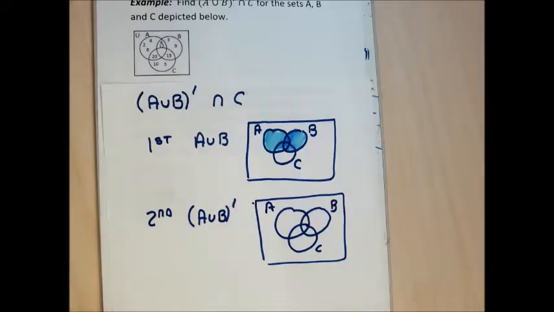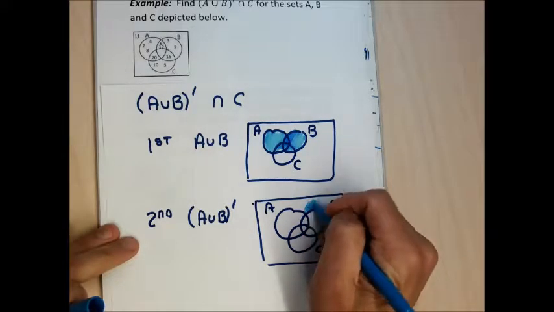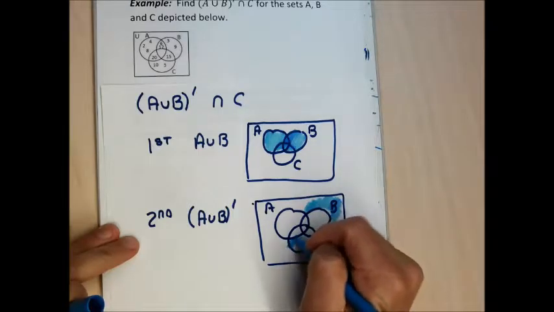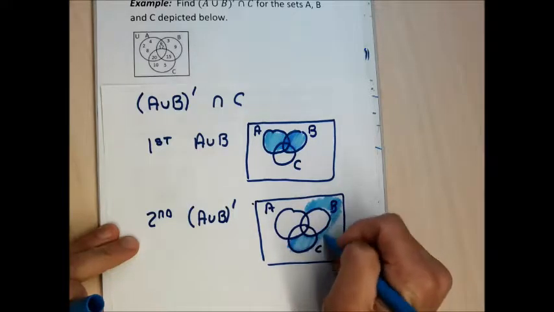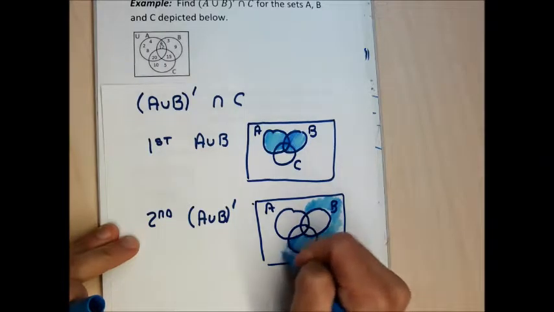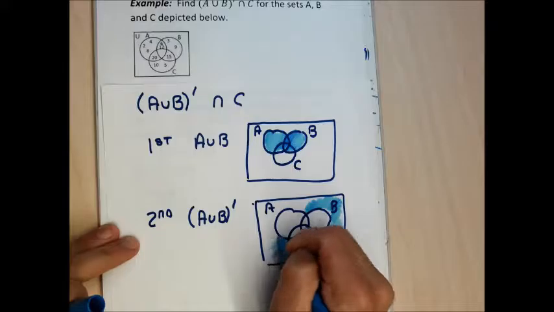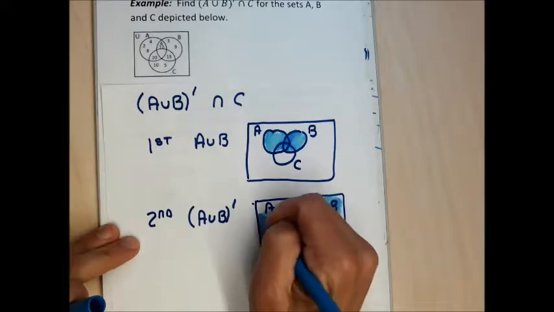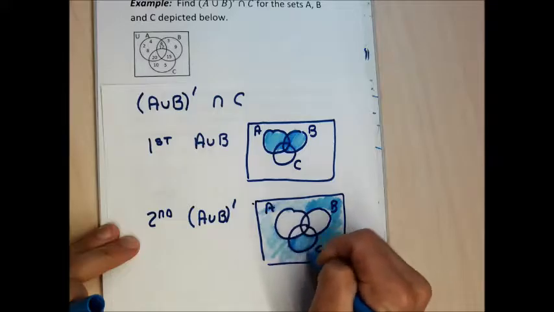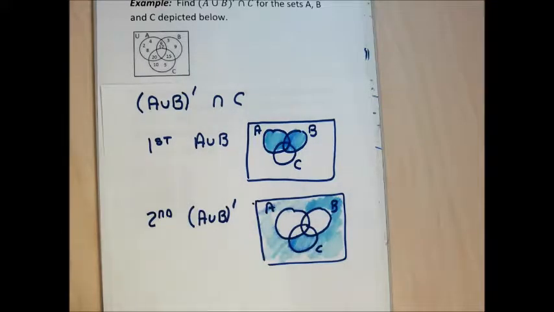And to draw A union B complement, I need to take the graph that I just created and find the complement of it, which means anything that was white needs to become dark, and anything that was dark needs to be left white. So this is a picture of A union B complement.